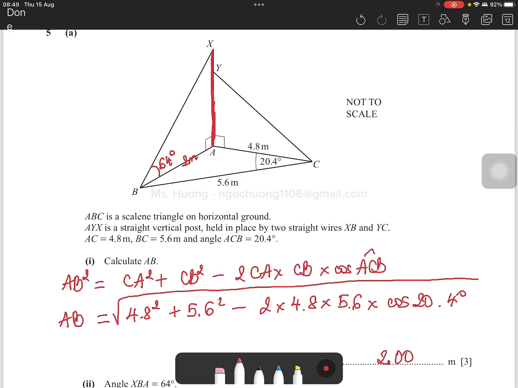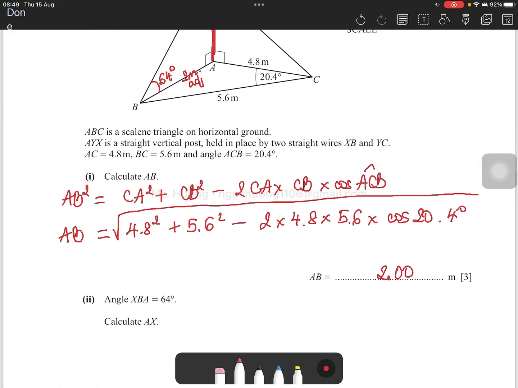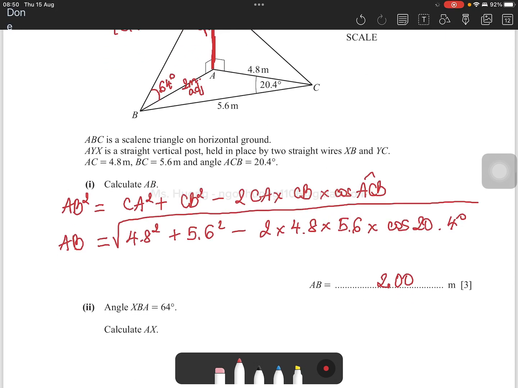And AB is the adjacent to the angle B. AX is the opposite side to the angle B. So we should use TOA, opposite over adjacent. So we say that tan of the angle ABX, or XBA, is equal to opposite AX over adjacent AB.